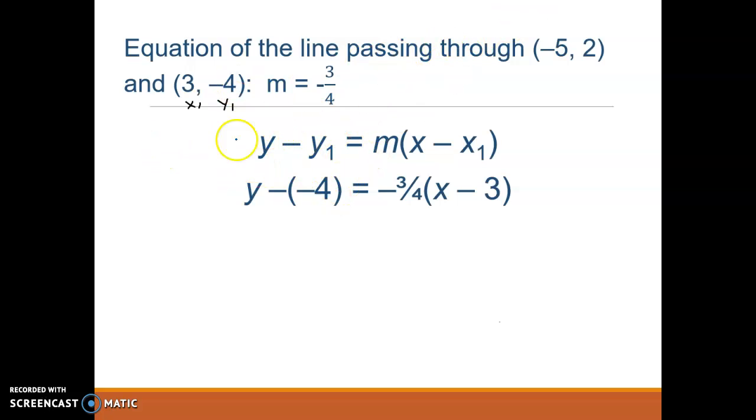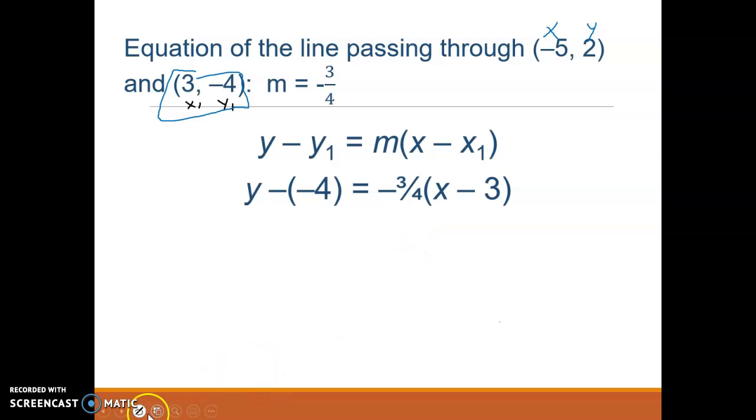Now we could use either one of these points as our x and our y. It doesn't matter. For this particular one, this set of points was used, but you could use either one as long as you use the x and the y that go together. So we've plugged in a -4 here. For our m, we've plugged in -3/4, and for our x coordinate that we know, we've plugged in 3.